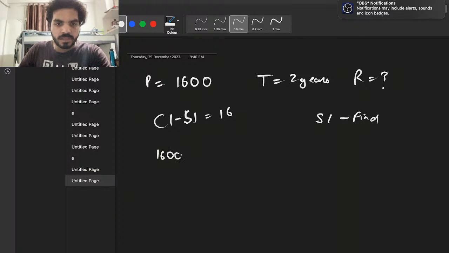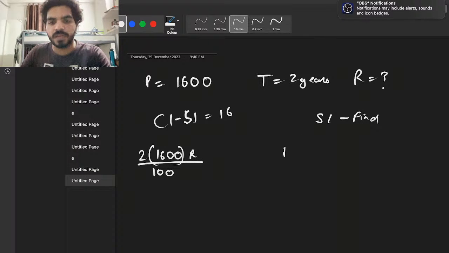For 1600, the unitary method can be used to minimize the calculations, but let's go with the simple method itself. The R is unknown, we'll write it as R itself. Time is 2, upon 100.